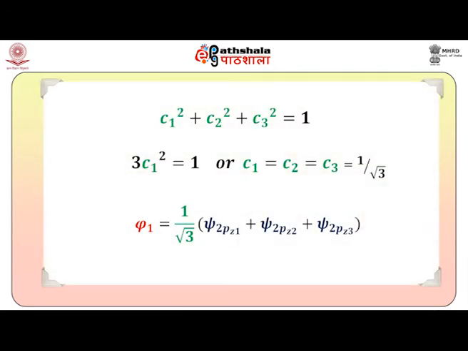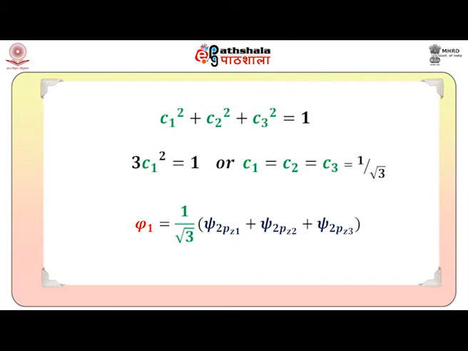As you can see here, in the calculation of these coefficients, as we did earlier in the case of butadiene as well, we have employed the normalization condition also. That means the sum of the squares of the coefficients is always equal to 1.